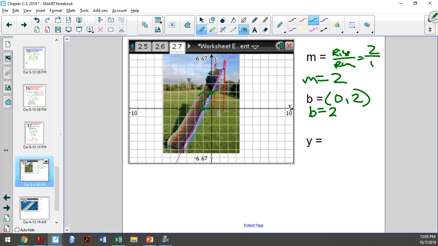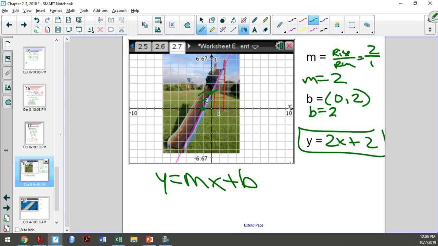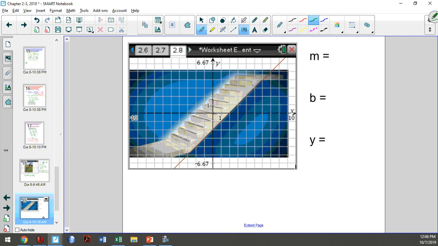So what does my equation mean that it is now? My equation is y equals mx plus b. So I have my m and I have my b, so what's my equation? Good. That's exactly it. Do you see that? I know, it's hard. I'm sorry.